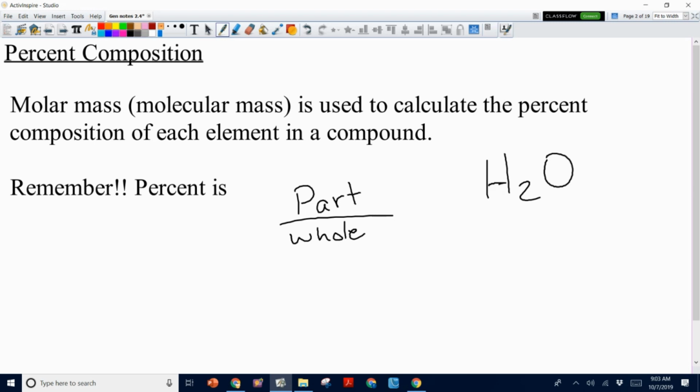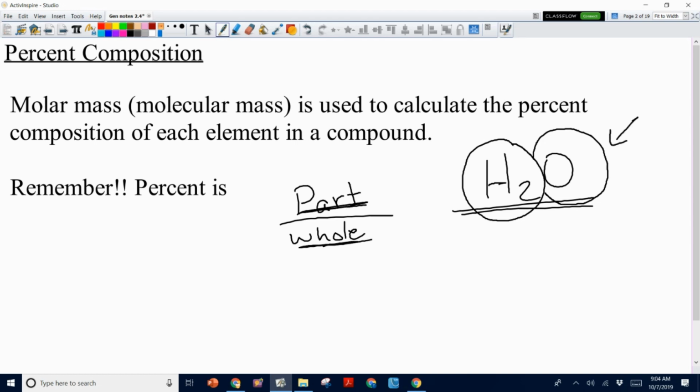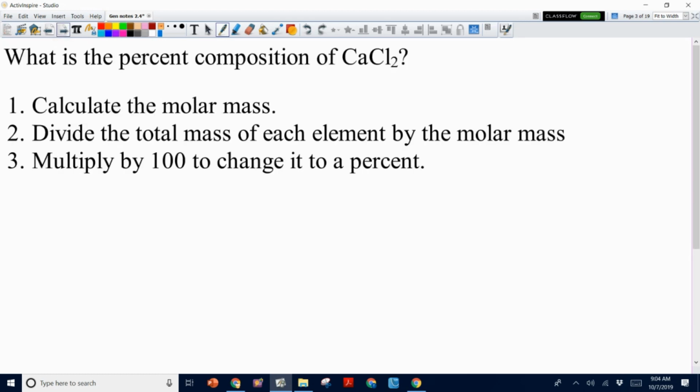So percent composition is what percent of this total mass is contributed by the hydrogens, and what percent of the total mass is contributed by the oxygen. So what part of this whole thing is the hydrogen, and what part is the oxygen? That's what percent composition is.